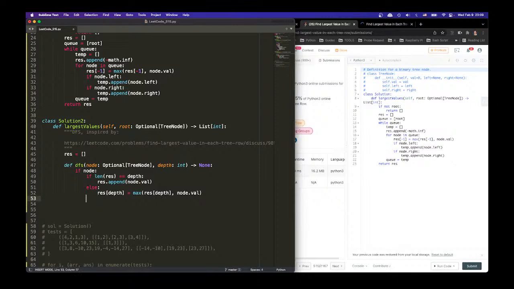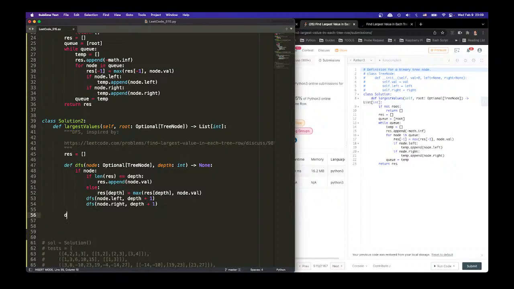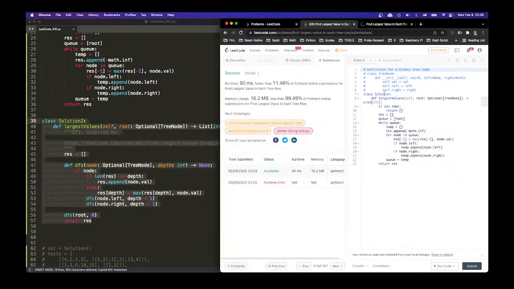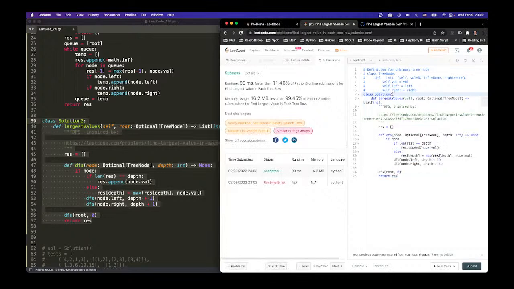And once we're done, we just do DFS node.left, depth plus 1, and node.right, depth plus 1. We're done. We call DFS root, 0, and then return res. Okay, run this. I think it can handle the empty case as well.